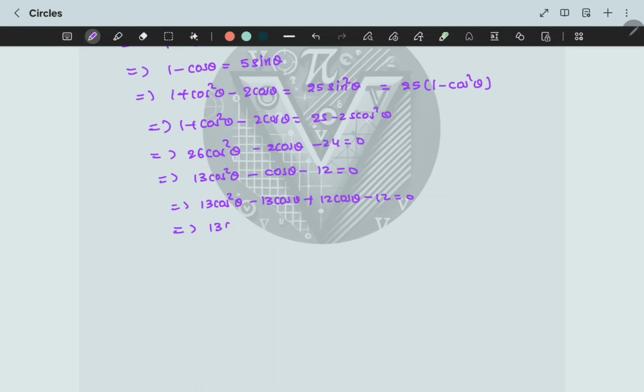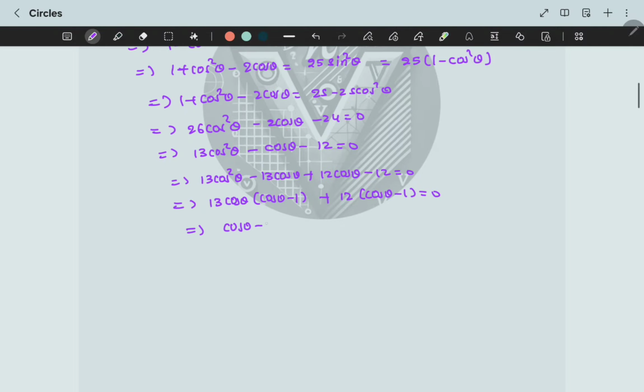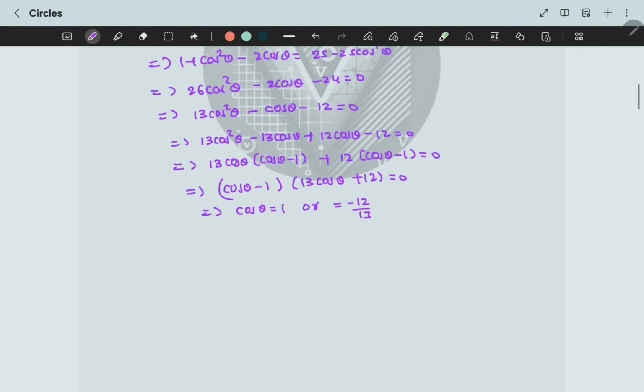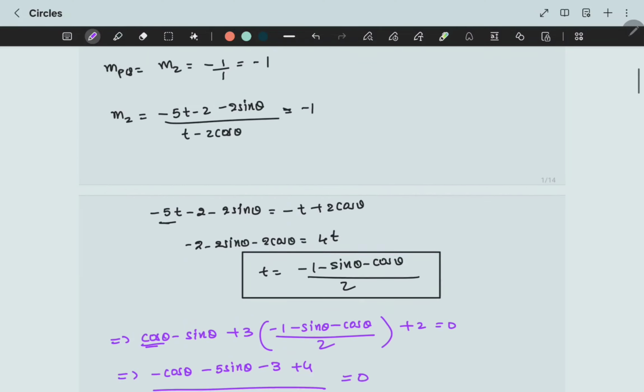So we take 13 cos theta common and cos theta minus 1 plus 12 into cos theta minus 1. So cos theta minus 1 common, I get 13 cos theta plus 12. Therefore cos theta is equal to 1 or cos theta is equal to minus 12 by 13, both of which are accepted. So cos theta 1 is 1, and cos theta 2 is minus 12 by 13.